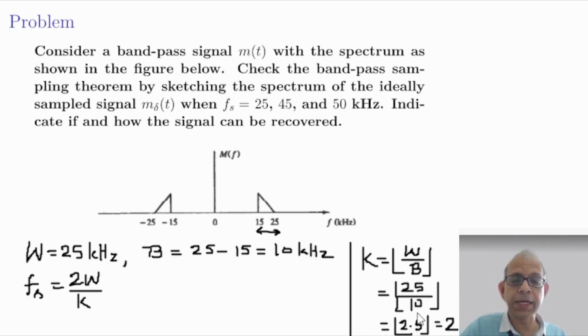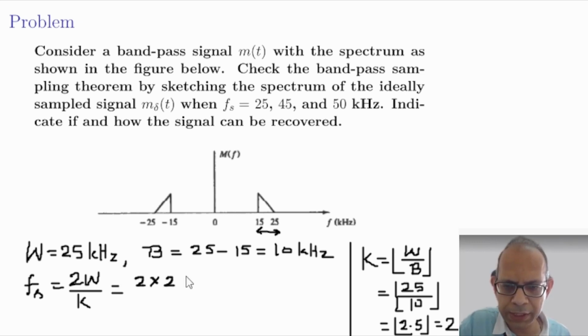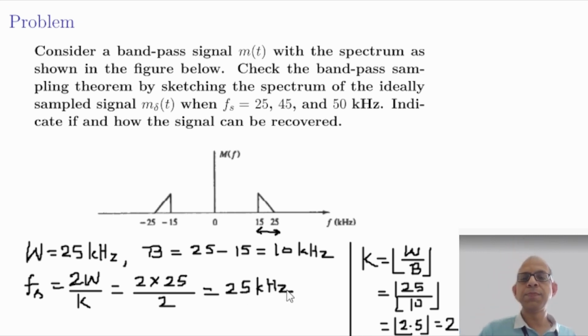The largest integer not exceeding 2.5 is 2. So the sampling frequency as per bandpass sampling theorem is 2 times W, that is 25 kHz, upon K, which is 2, and that is equal to 25 kHz or 25 kilosamples per second.